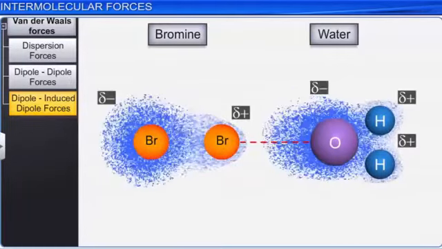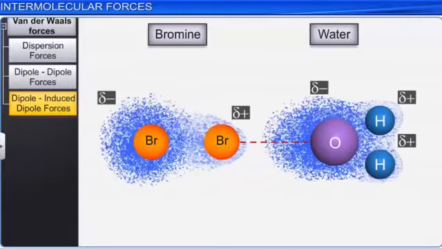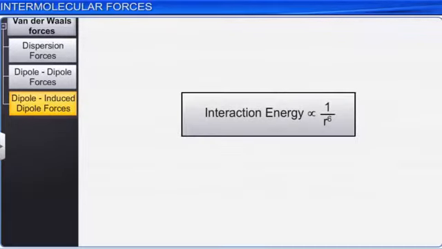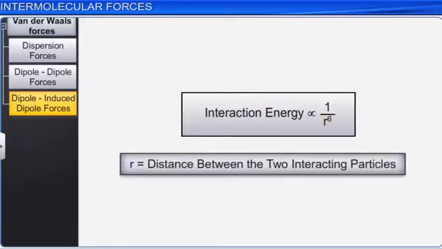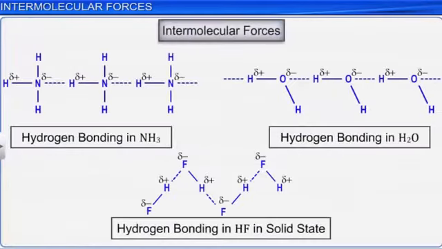In this case also, interaction energy is inversely proportional to the sixth power of the distance between the two interacting particles.